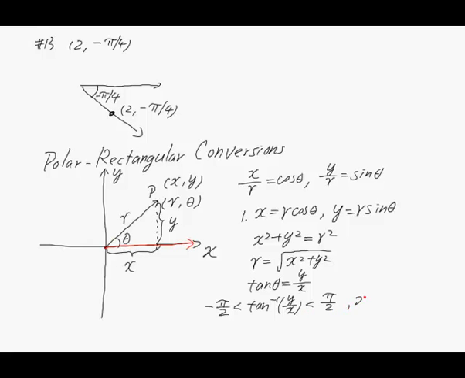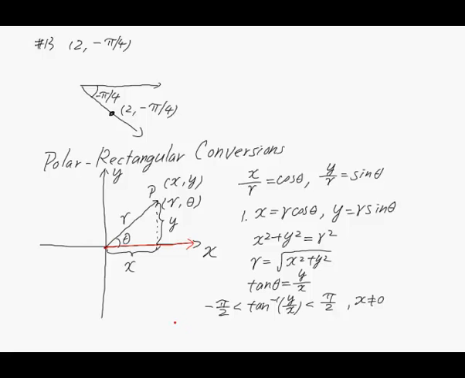So suppose here x is not equal to 0, and we'll deal with this special case later. So now, if the point P is in quadrant 1 or quadrant 4, then we may just use the inverse tangent of y over x as the solution.